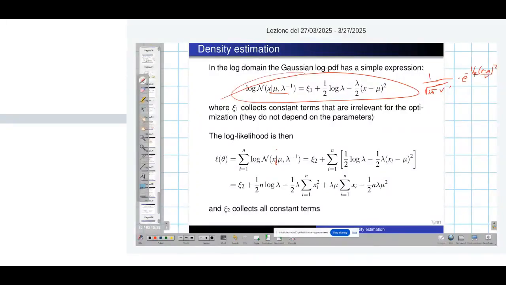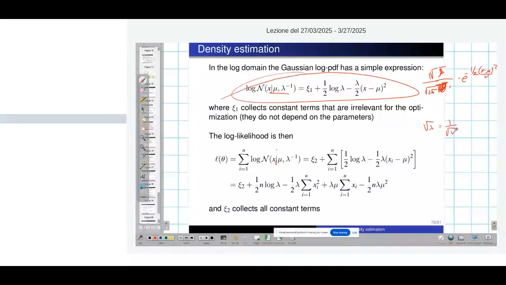This is the density. Now, the square root of v we bring upside, and it's the square root of lambda. Lambda is the inverse of v, so the square root of lambda is 1 over the square root of v.